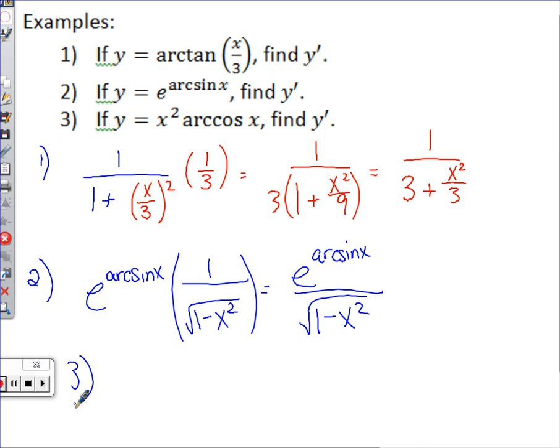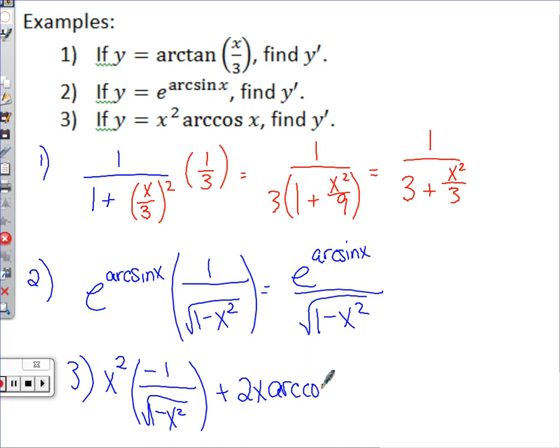First, derivative of the second, plus derivative of the first times the second. Can you do anything with that? Not really. Yeah, you can move the x squared up here and make it negative x squared.